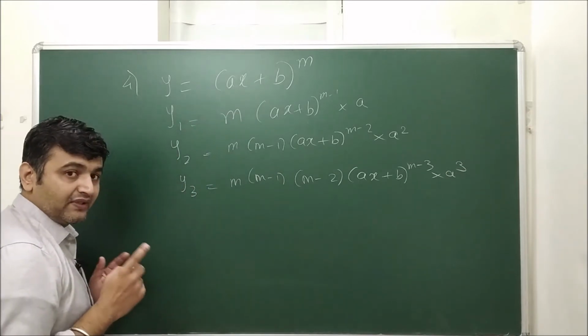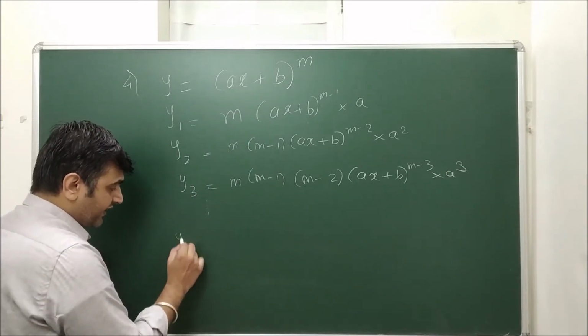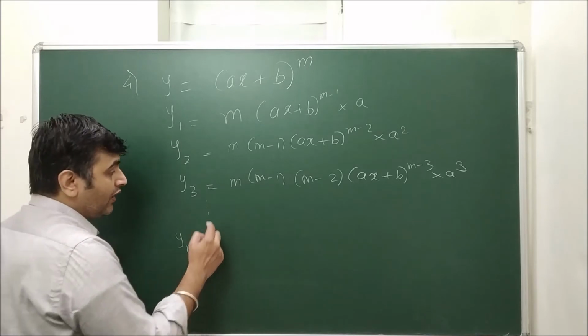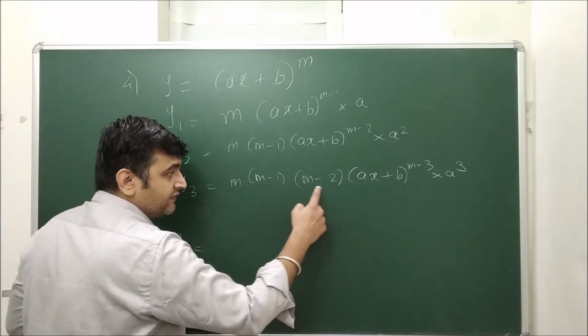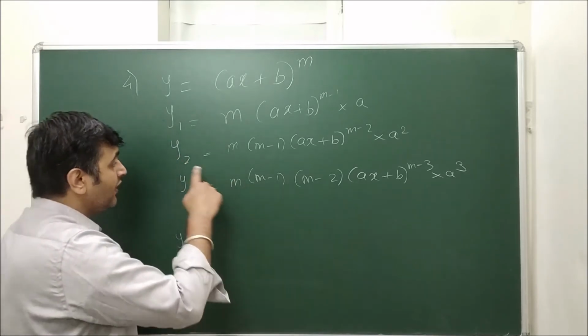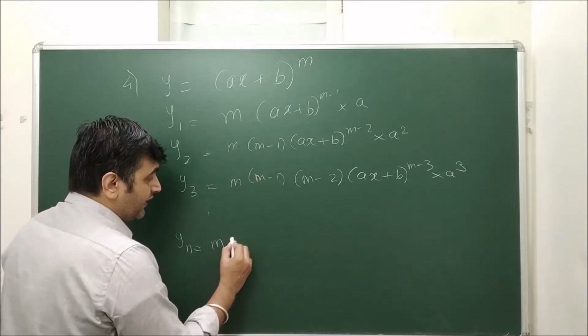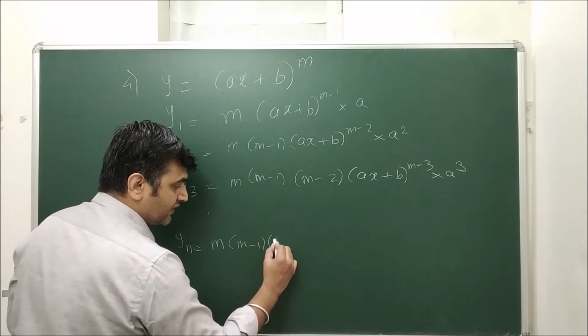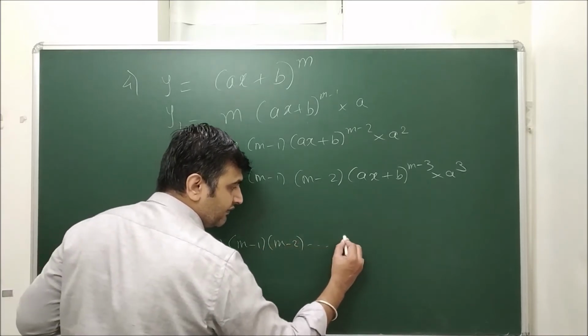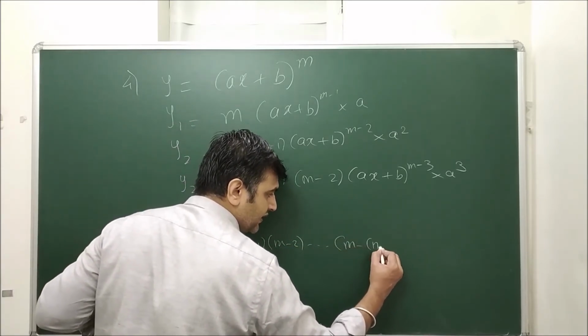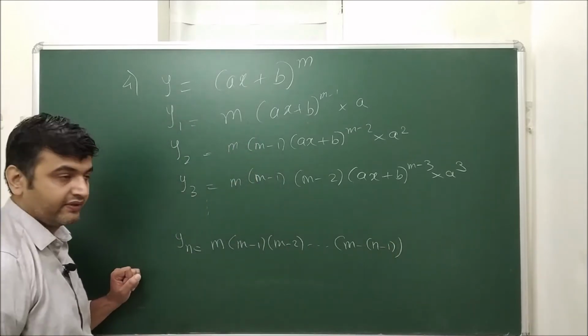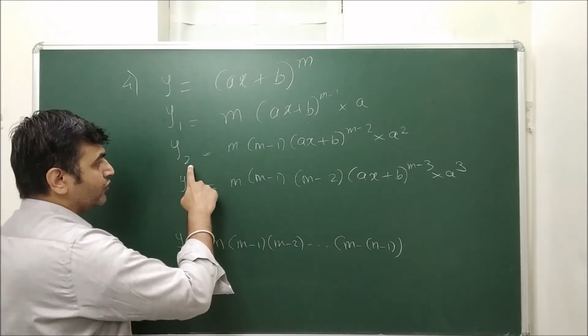And now you can see the pattern. If I want to write the nth order derivative, for y3 it was m minus 1, m minus 2, 1 less. For y2 it was m minus 1. So for yn it will be m minus 1, m minus 2, and so on till m minus n plus 1. Right? Because for 3 it was 2, for 2 it was 1.